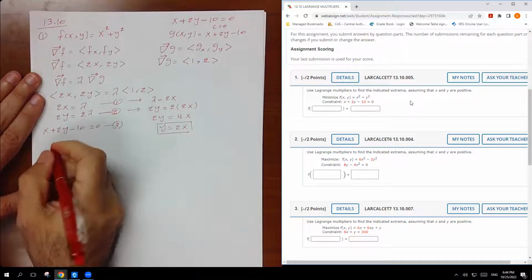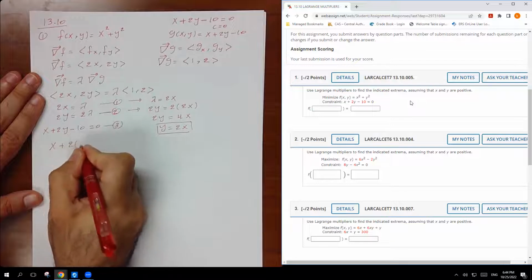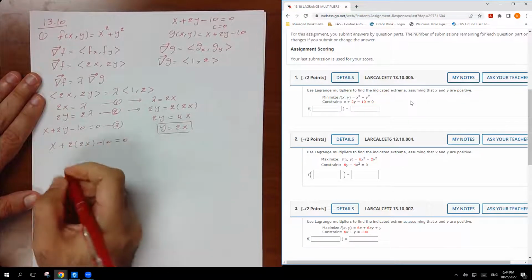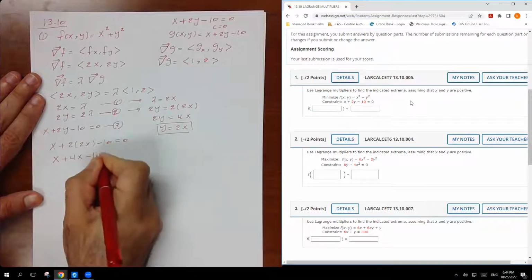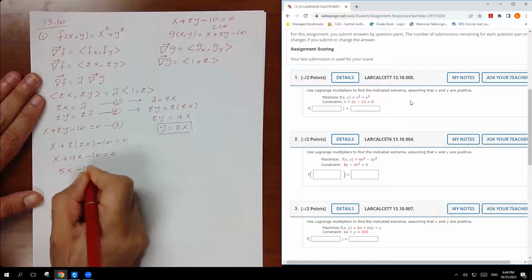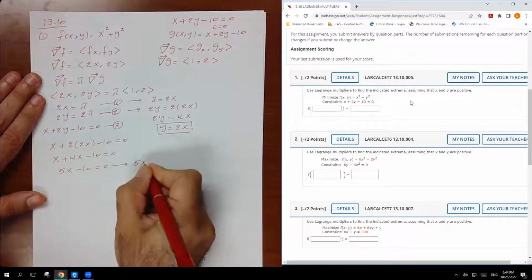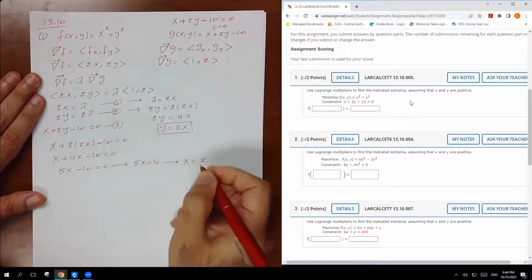That means with the third equation, x plus 2 times 2x minus 10 is going to be equal to 0. So x plus 4x minus 10 equals 0. That means 5x minus 10 equals 0. Solve this one. So 5x is going to be equal to 10. That means x is going to be equal to 2.